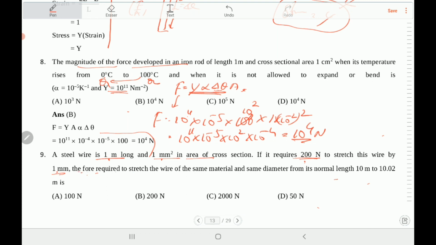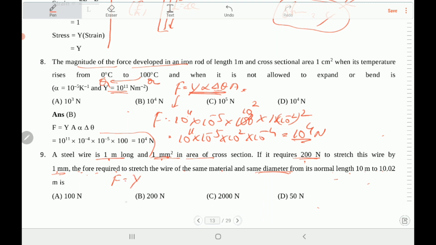The force required to stretch the wire of the same material. Same material means what? Young's modulus same. Keep that in mind. Same diameter, from its normal length 10 meter to 10.02 meter. Here same diameter means you need not use area. Area same. Same material. That's why you have an expression for force in terms of Young's modulus.